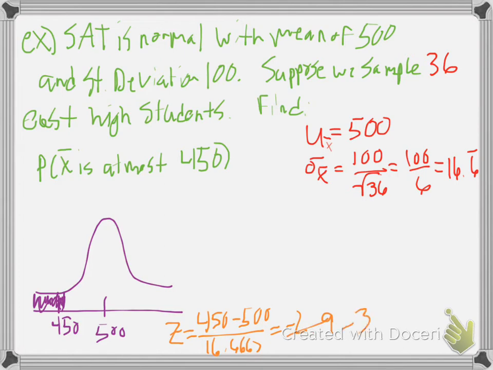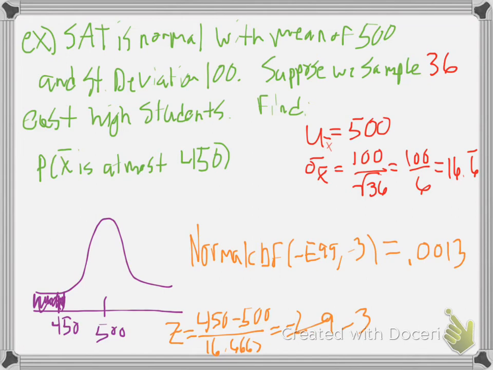All right, so do the normal CDF of negative E99 to negative 3. Plug that in, 0.0013. So the probability that an average of 36 students' SAT is at most 450 is 0.0013.